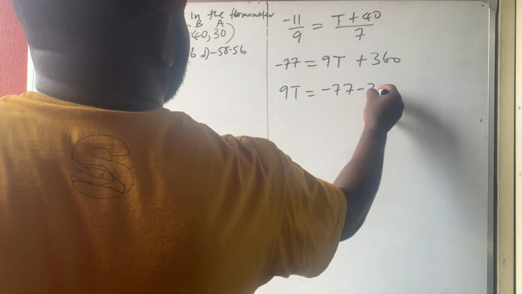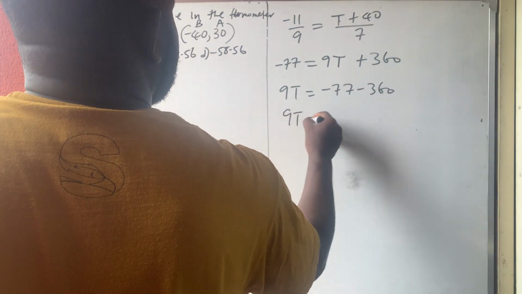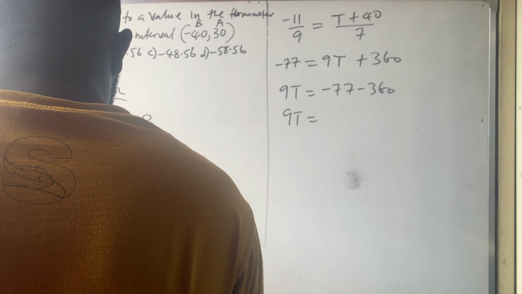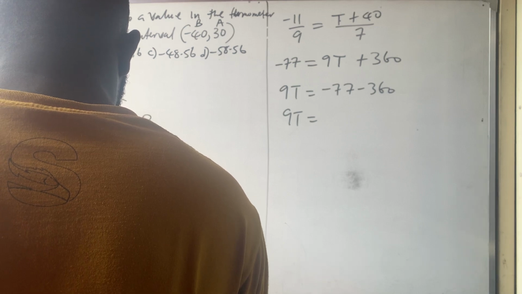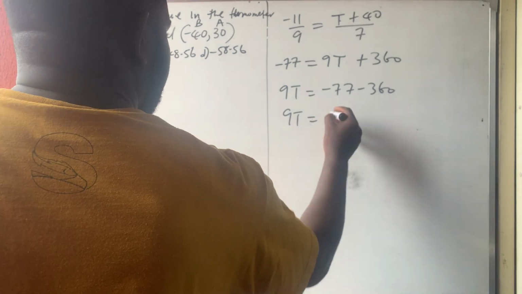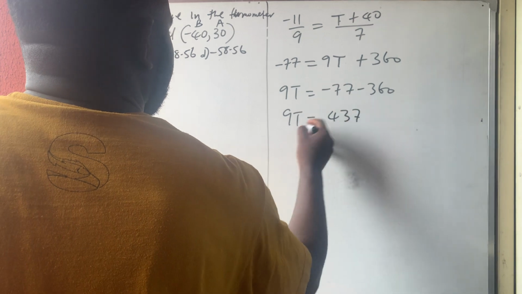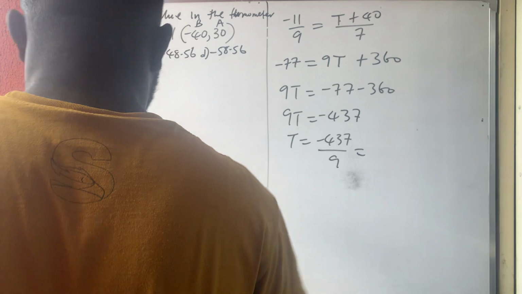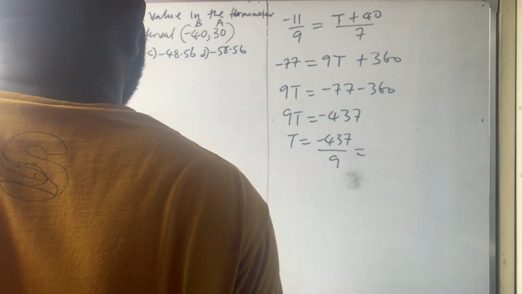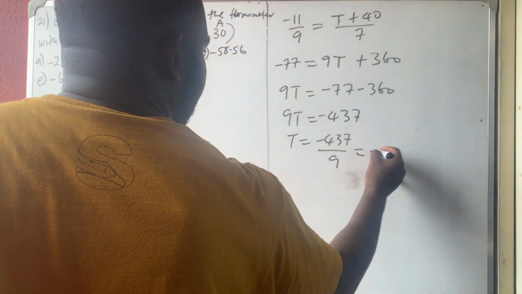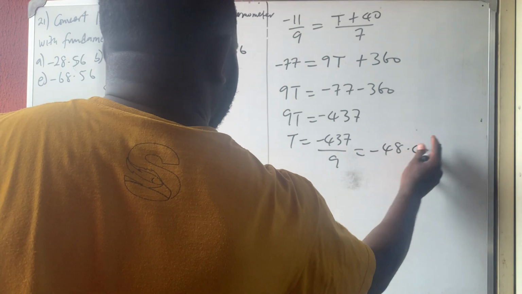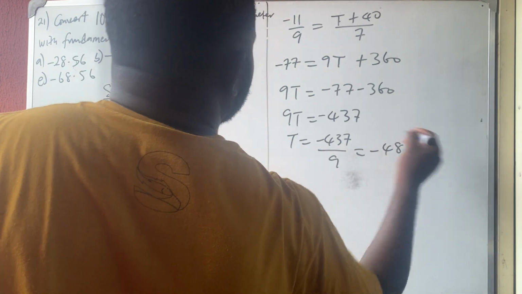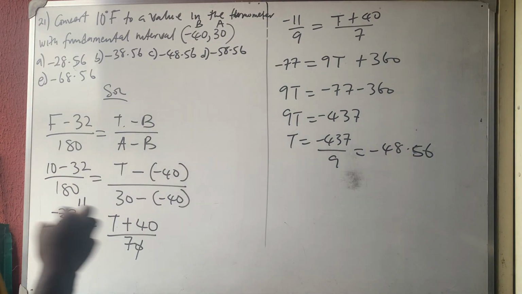Minus 77 minus 360. So 9t is equal to what? Minus 437. So t is now minus 437 divided by 9. So we have minus 48.56. So option C is correct.